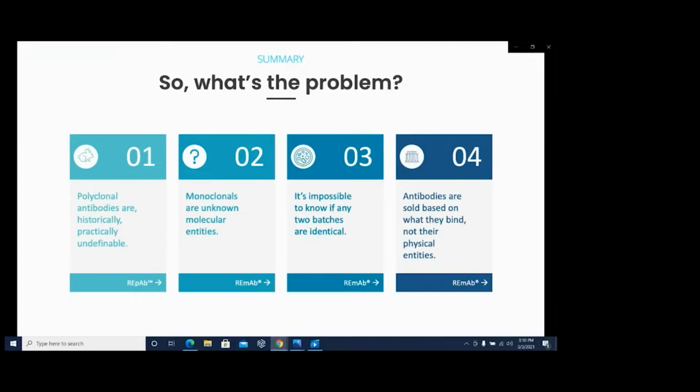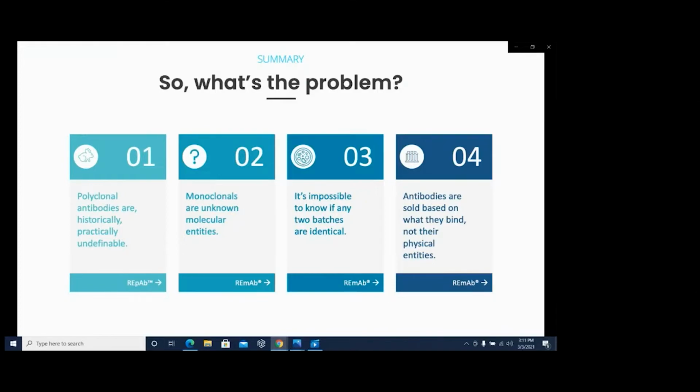And hypothetically, let's say that you found a good monoclonal that you like working with. It binds reliably with no off-target binding. Unfortunately, because of this huge batch-to-batch variability problem, just like we saw in ERCC1, something might change in the manufacturing process that you have absolutely no control over, and you would have absolutely no way of knowing this.